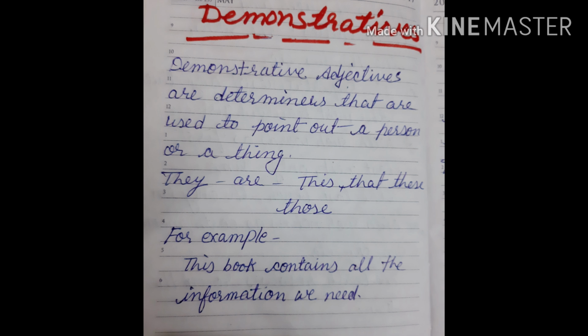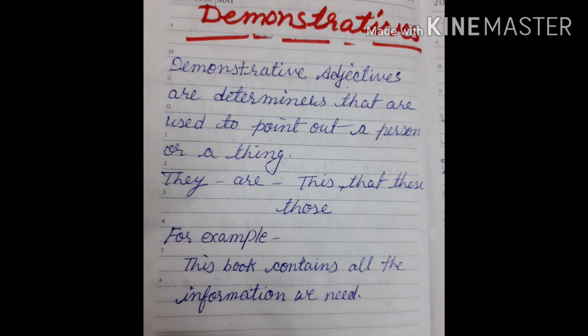Our next determiners are demonstratives. Demonstrative adjectives are determiners that are used to point out a person or a thing. They are this, that, these, those. This and these refer to persons or objects close by.